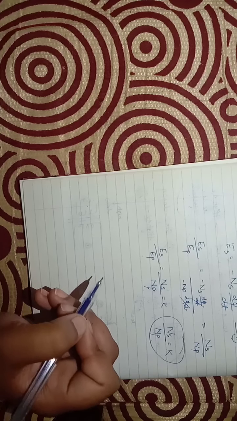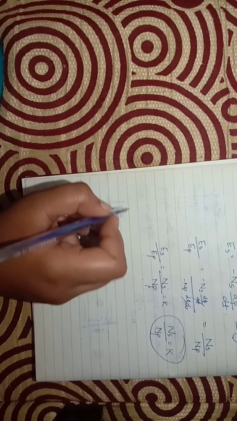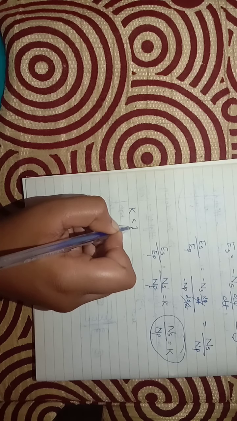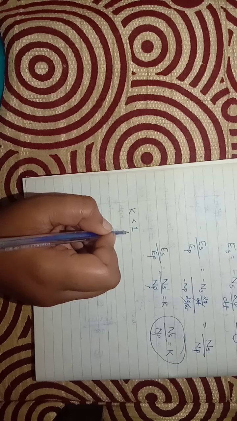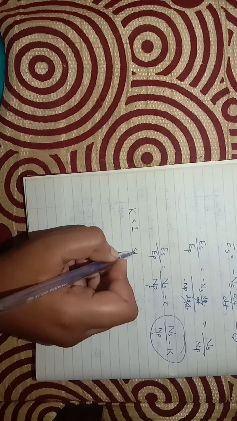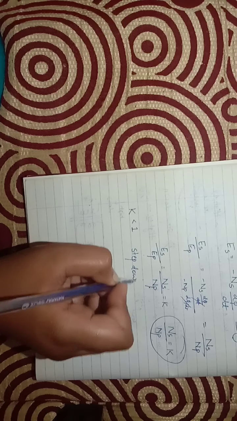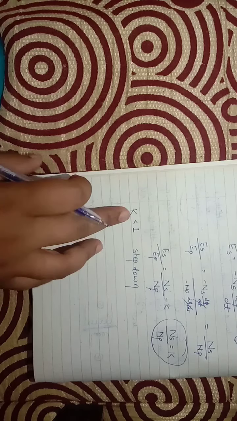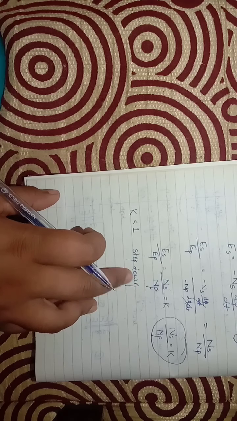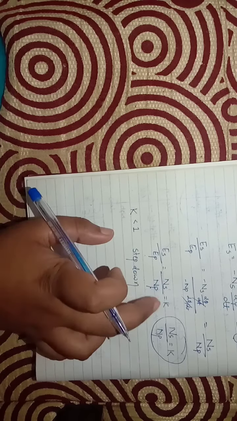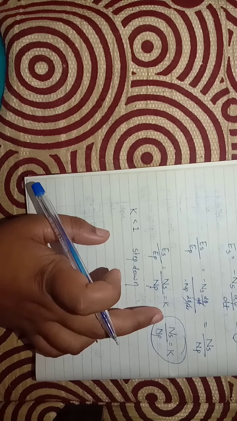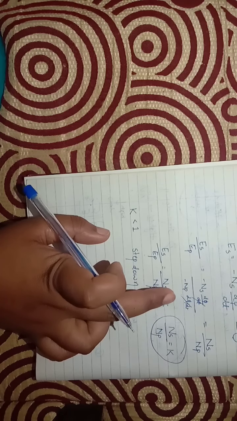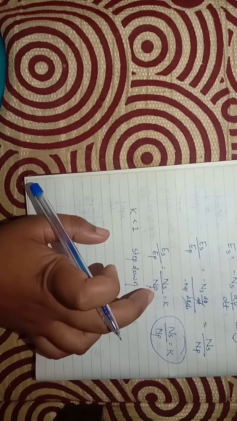We have some things here. k is less than 1 for a step down transformer. Step down means higher alternating voltage to lower alternating voltage. k can be less than 1 only if the numerator is less than the denominator.